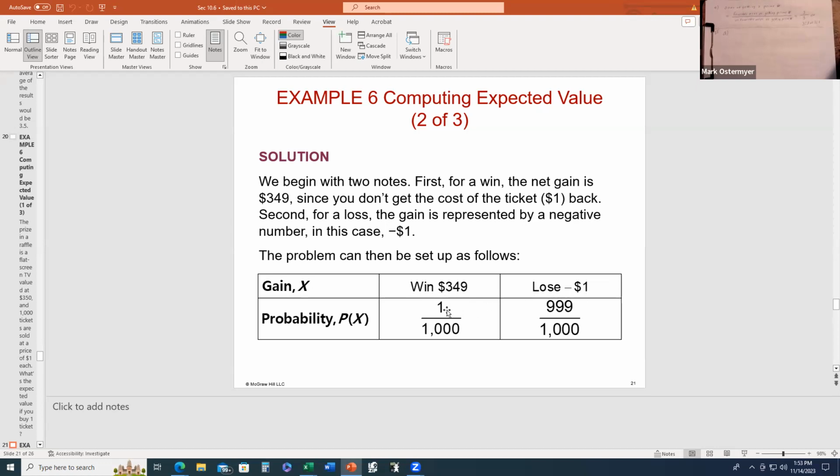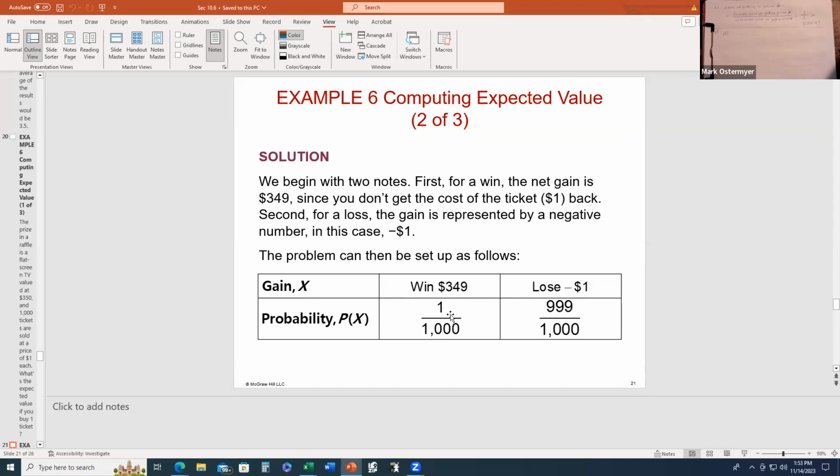Now, what's the probability of winning this TV? Well, there's 1,000 tickets that were sold, and there's only one ticket that's a winner. So your probability of winning this TV is 1 out of 1,000. Or we would say the odds of winning this TV would be 1 to 999.